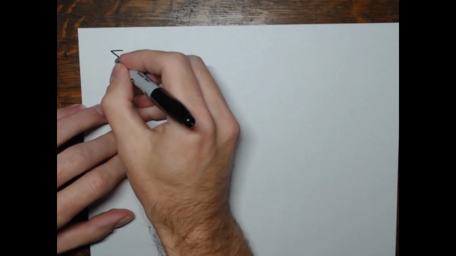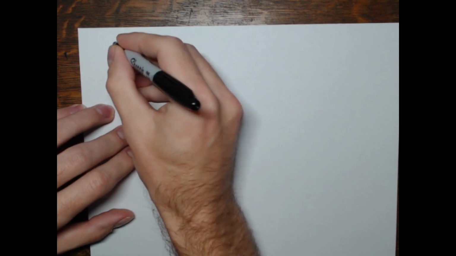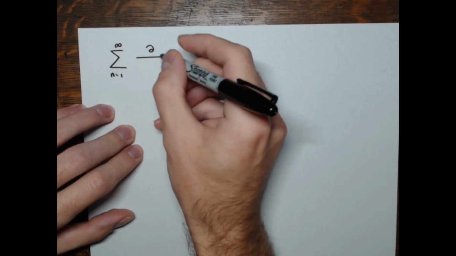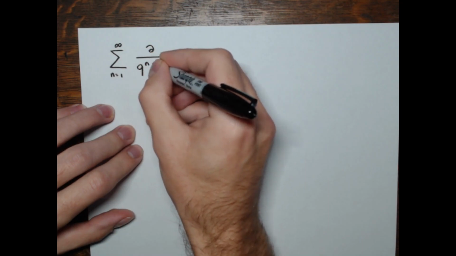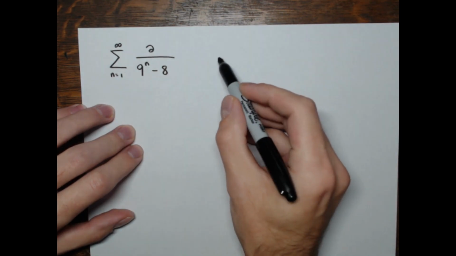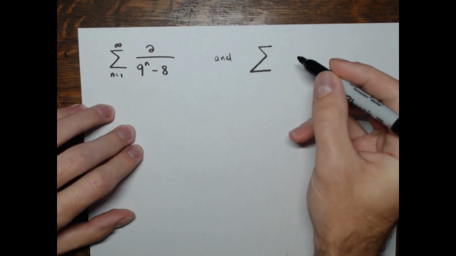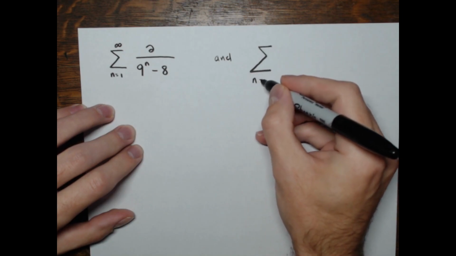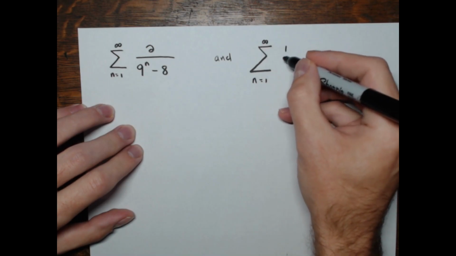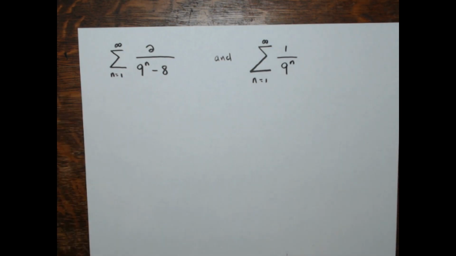So we're given the sum from n equals 1 to infinity of 2 over 9 to the nth power minus 8, and another sum from n equals 1 to infinity of just 1 over 9 to the nth.